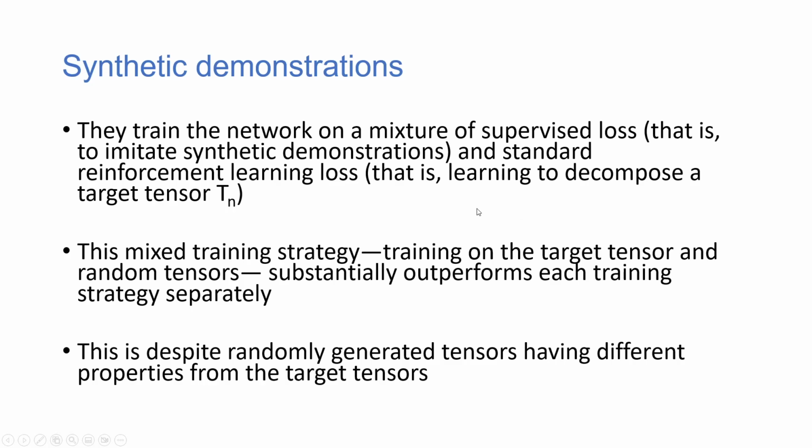And they mentioned that mixing these strategies of supervised and reinforcement learning, and semi-supervised maybe, is more effective together than separately. This is despite the discrepancy of properties between these two groups of input games.